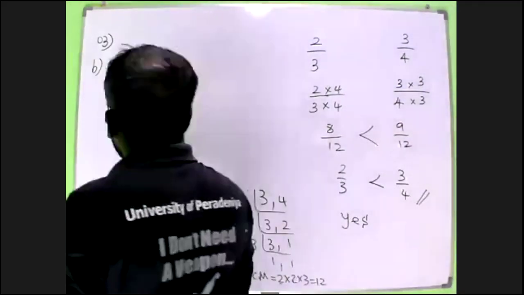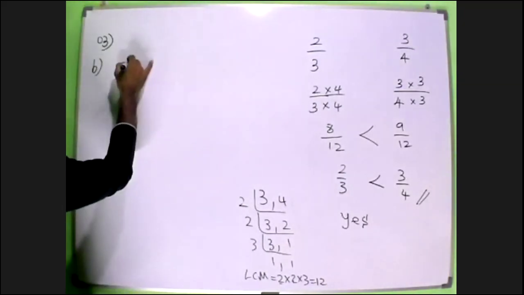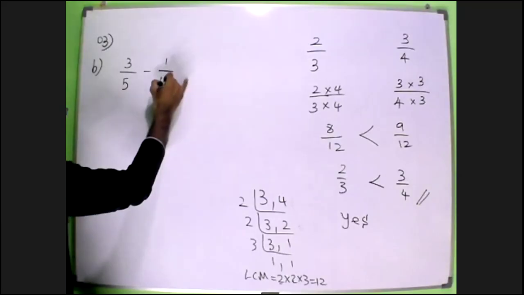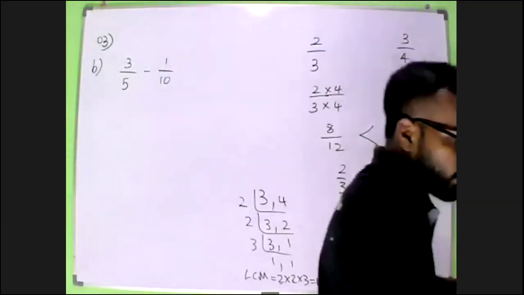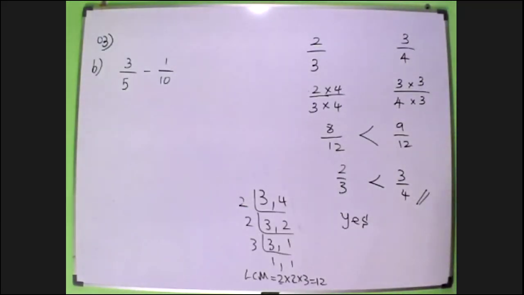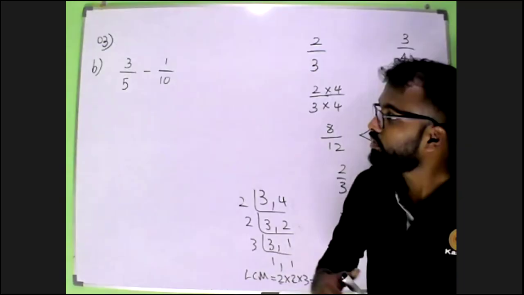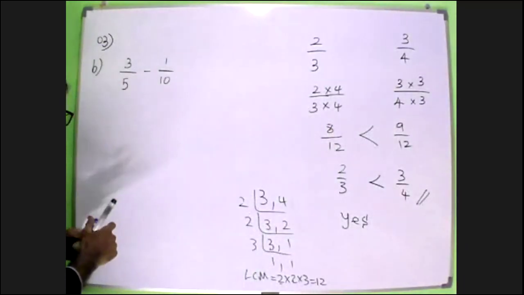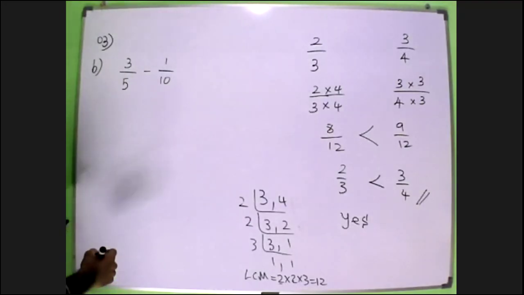So we have something like this: 3 upon 5 minus 1 upon 10. How do we do this?